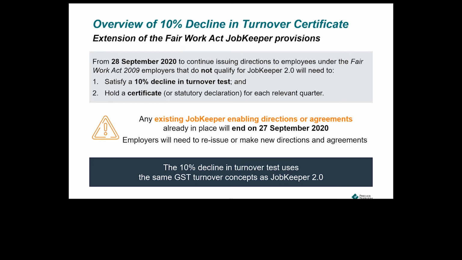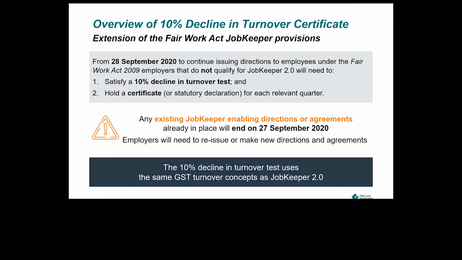So from the 28th of September, being next Monday, for employers who wish to continue issuing directions to employees under the Fair Work Act, and where those employers do not qualify for JobKeeper 2.0, in order to be able to continue issuing those directions, those employers will need to satisfy a 10% decline in turnover test.